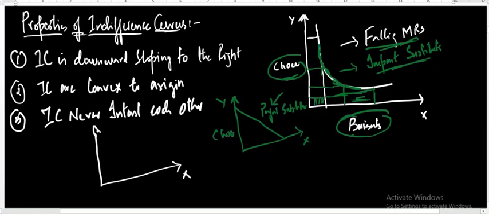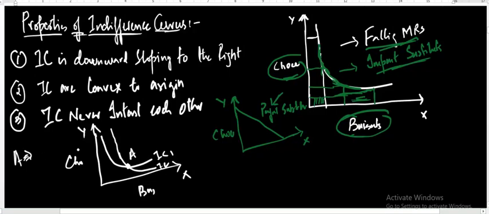Say we have indifference curve 1 and another indifference curve 2, with biscuits on one axis and chocolates on the other, intersecting at point A. This would mean that point A contains the same commodities as indifference curve 1 and as indifference curve 2, which is not possible because a higher indifference curve contains a higher amount of the commodities.